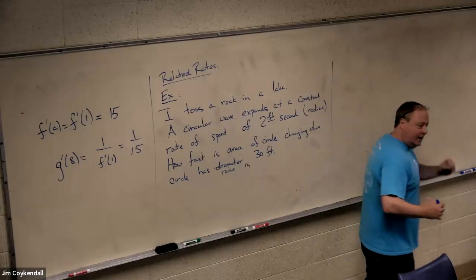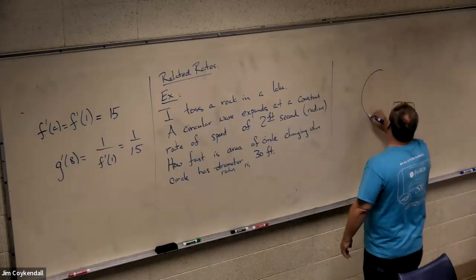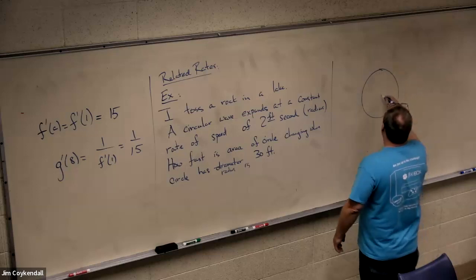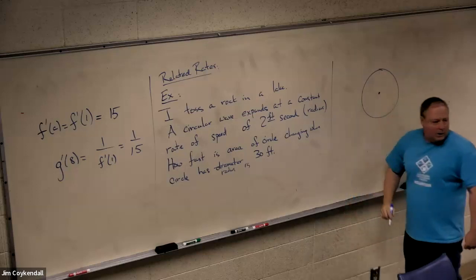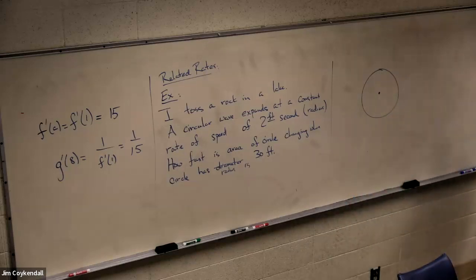So here's my picture. A circle. Here's dead center where I splashed the rock. Now, look at the problem. What else might be useful for me to label? The radius seems to come up in this problem.